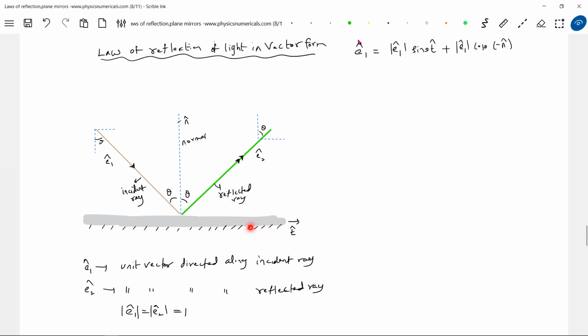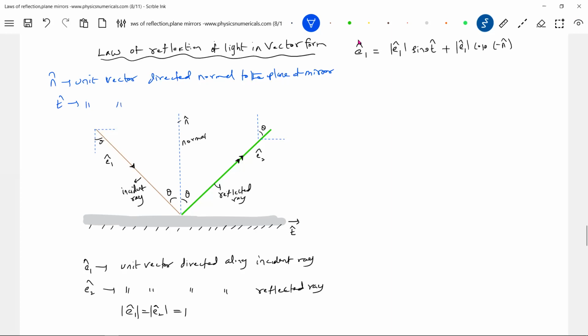I think I'm showing it in the diagram, no need to write separately. N cap is a unit vector directed normal to the plane of mirror. T cap is a unit vector directed tangential to the plane of mirror.